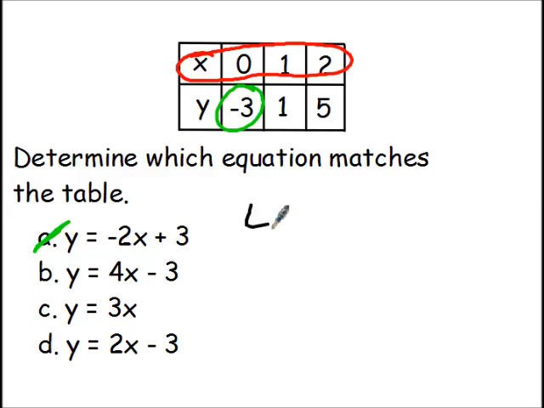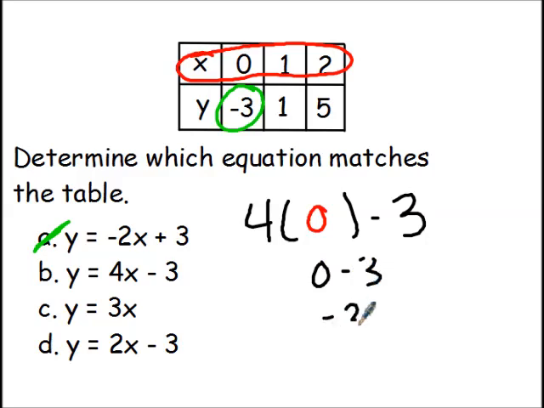We have 4 times x minus 3. We'll substitute 0. 4 times 0 is 0, and 0 minus 3 is -3. So when we put 0 in for x, we get out a -3. And as you see here, that is what we should get. So this could be the right answer.